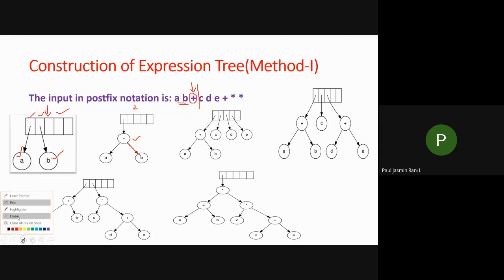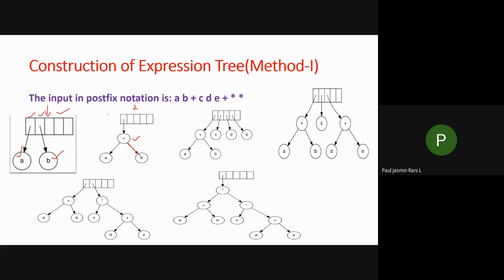So you have to remember only the two rules. If it is an operand, you simply push it inside the stack. If it is an operator, you have to pop the topmost two elements from your stack, create a tree structure, and push that inside the stack.